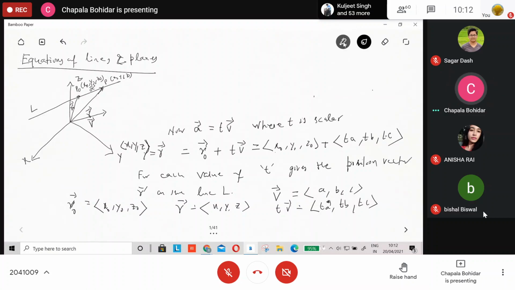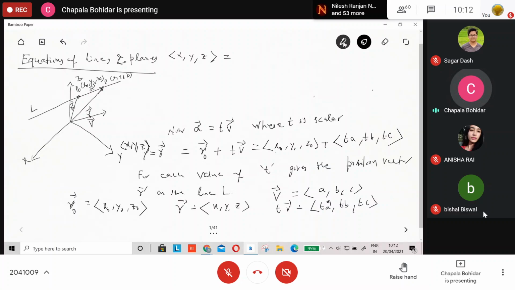So now the parametric equation of your vector equation, I can write down. That is your R, your x, y, z, is equal to, you see, x0 plus TA whole into I cap.